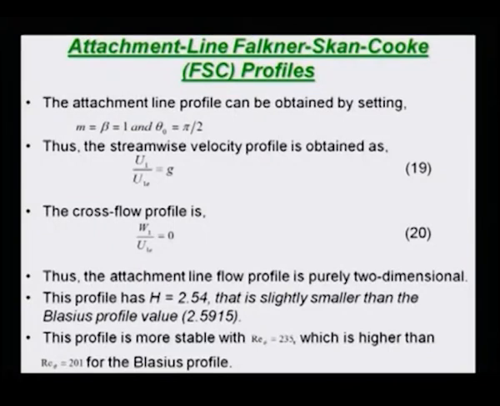But you understand now, this is the attachment line plane, it is not a stagnation point flow. It is different, because for the stagnation point flow for a 2D section, we have seen that Re delta star critical value reaches a value which is greater than 10,000 as compared to the Blasius profile of 520.